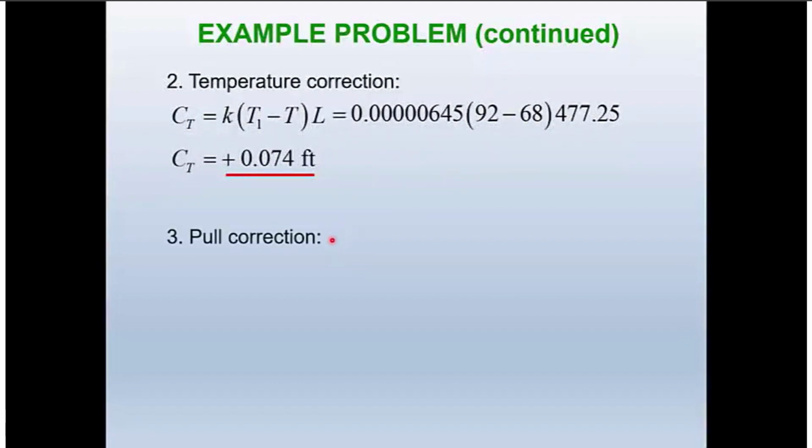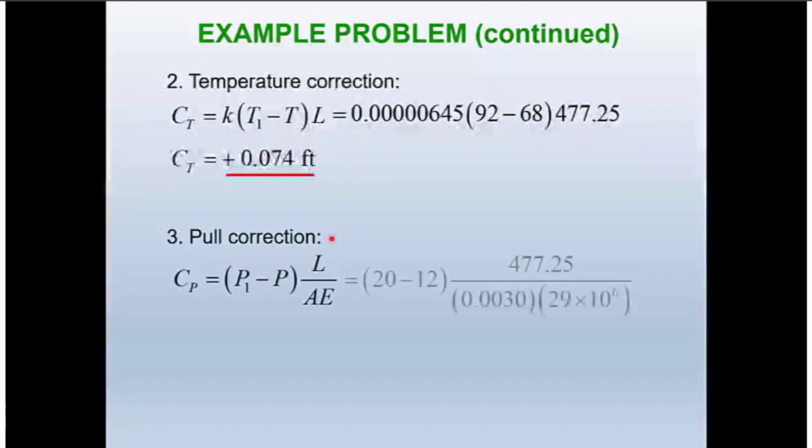Pull correction. The pull equation has 5 parameters, and we just need to plug the appropriate values into the equation and solve. The field pull is 20 and the calibration was 12. The parenthetical term returns a positive value. Again, this correction will be positive, just like the temperature correction and the standard length correction.